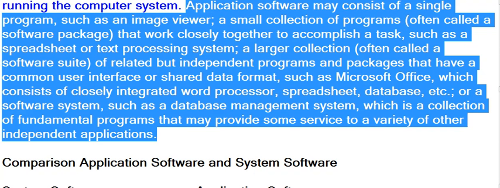Application software may consist of a single program, such as an image viewer, a small collection of programs, often called a software package, that work closely together to accomplish a task, such as a spreadsheet or text processing system, a larger collection, often called a software suite, of related but independent programs and packages that have a common user interface or shared data format, such as Microsoft Office, which consists of closely integrated word processor, spreadsheet, database, etc., or a software system, such as a database management system, which is a collection of fundamental programs that may provide some service to a variety of other independent applications.